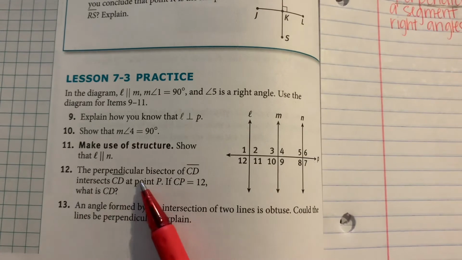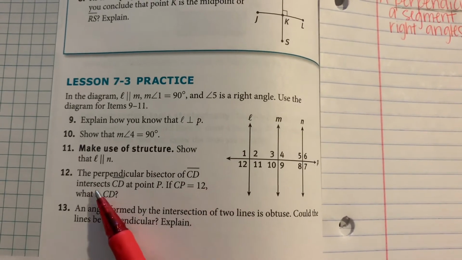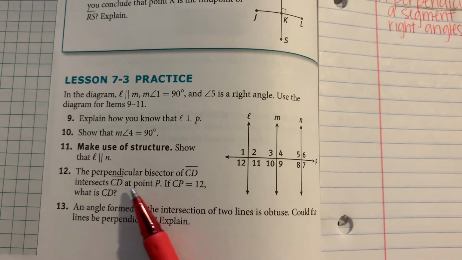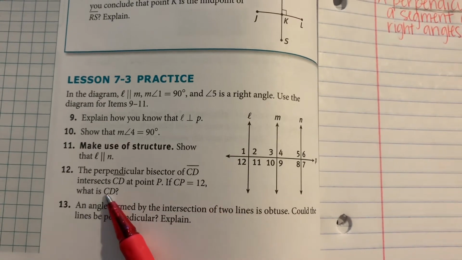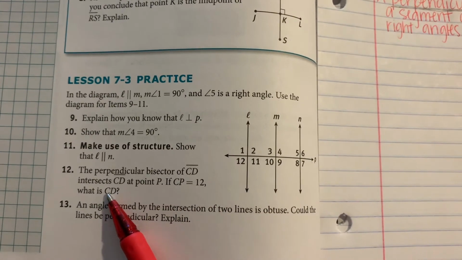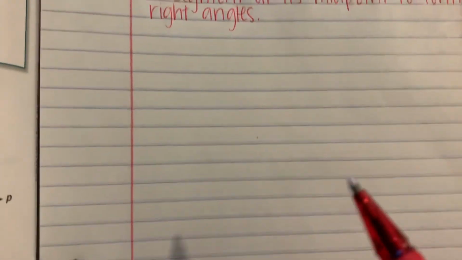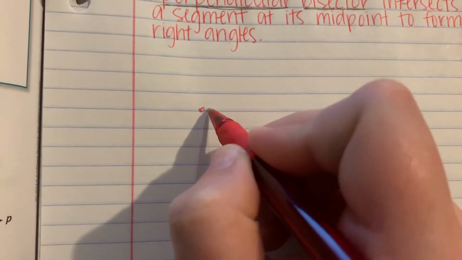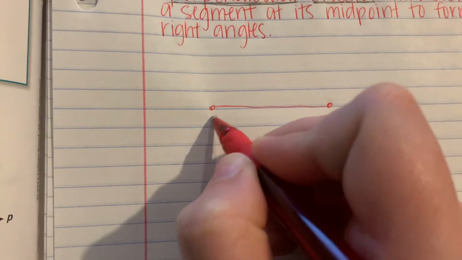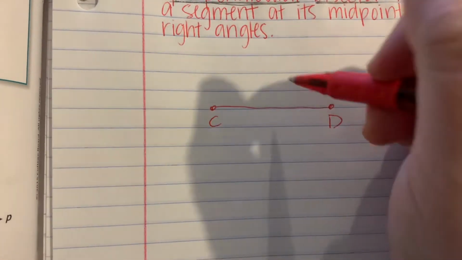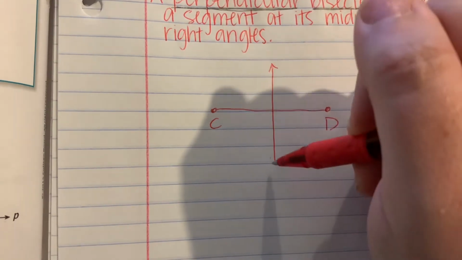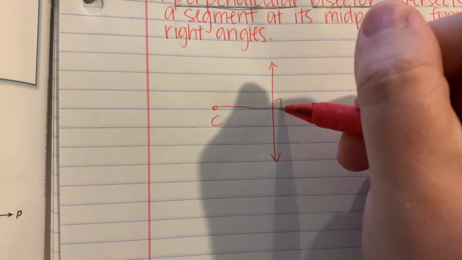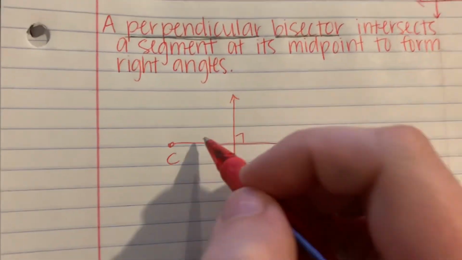Okay, for number 12, the perpendicular bisector of CD intersects CD at point P. If CP is 12, what is CD? Let me draw a picture for this. The perpendicular bisector of CD. So I'm going to draw CD. Draw a perpendicular bisector. It needs to be a right angle here, and it's a bisector, so it needs to be in the middle.